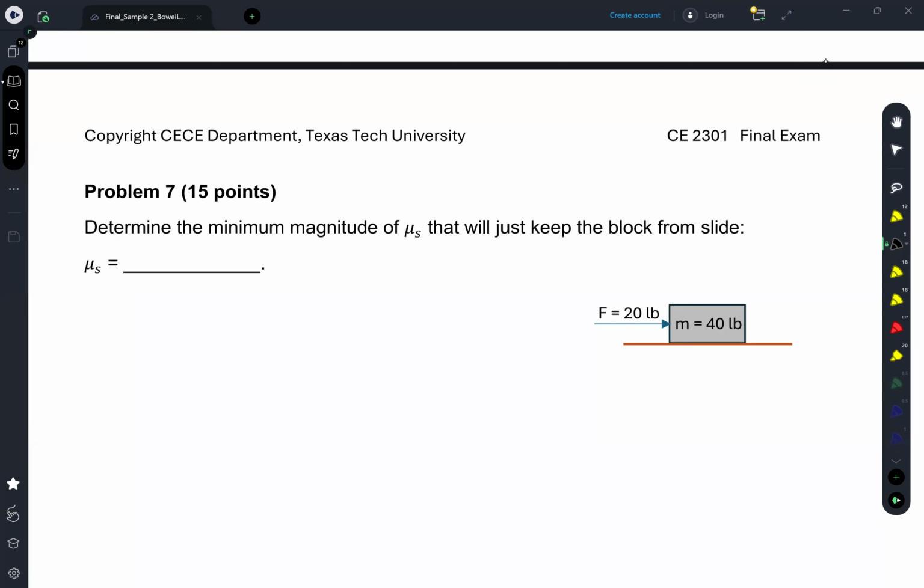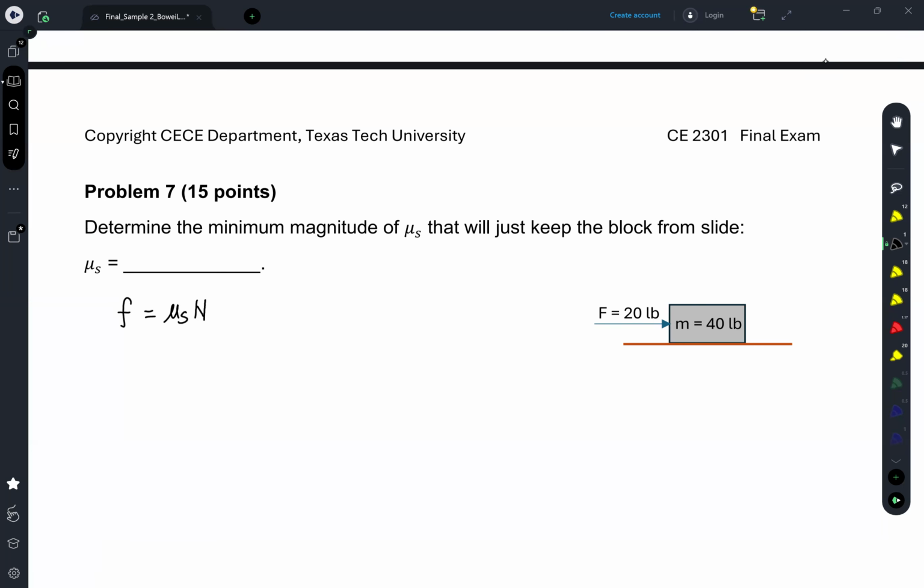When we have the condition saying that it's just to keep the object from moving, that means our friction reaches its maximum, right? That means if the condition changes a little bit to further facilitate the block to move, then it will move. So that implies that our friction, the small f, equals mu s times the normal force here, right?